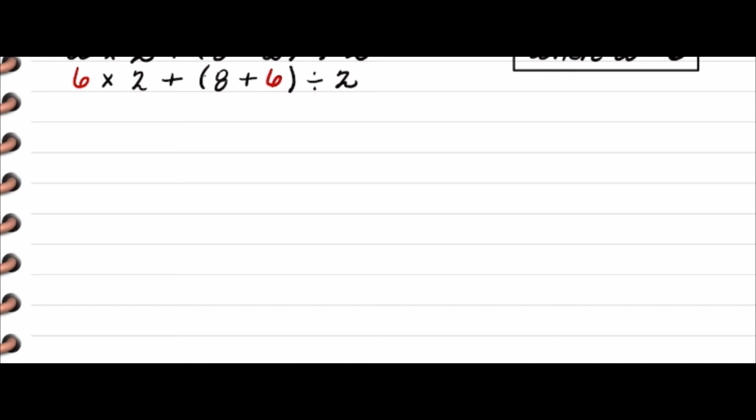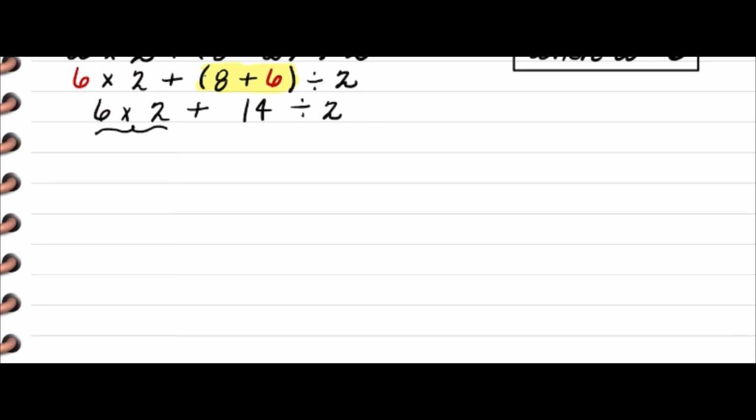Then following the order of operations, I need to do parentheses first. So I will say 8 plus 6 is 14. Copy everything else. There are no exponents, so we will multiply or divide from left to right.